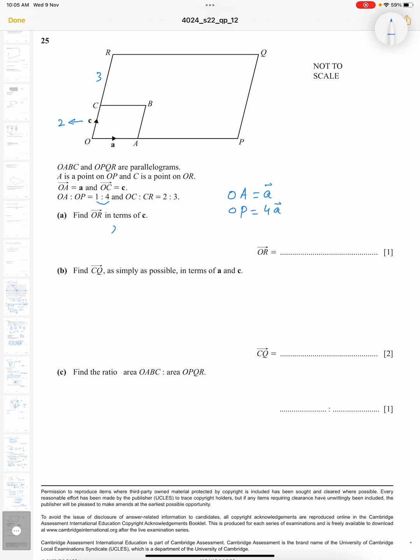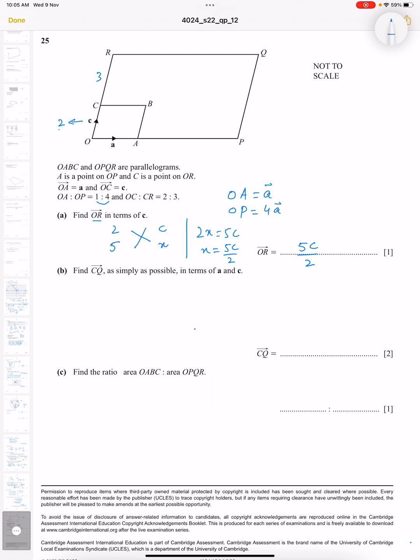The ratio 2 is represented by vector C. Since we have to find the full length OR, in terms of ratio that should be 2 plus 3, means 5. Let's assume it x. Do cross multiplication. So we have 2 times x is equal to 5c. x is equal to 5c by 2. So that's OR, because it's full length OR, 5c by 2.